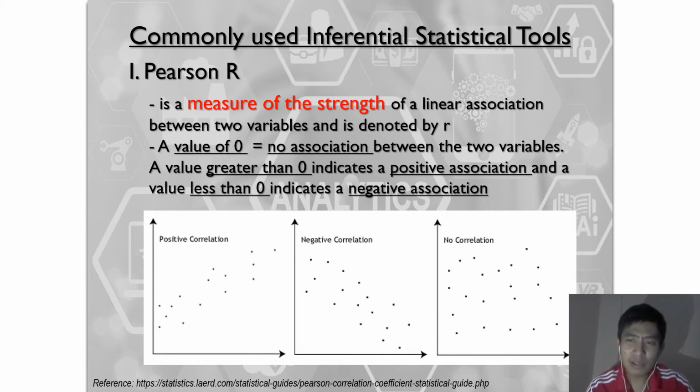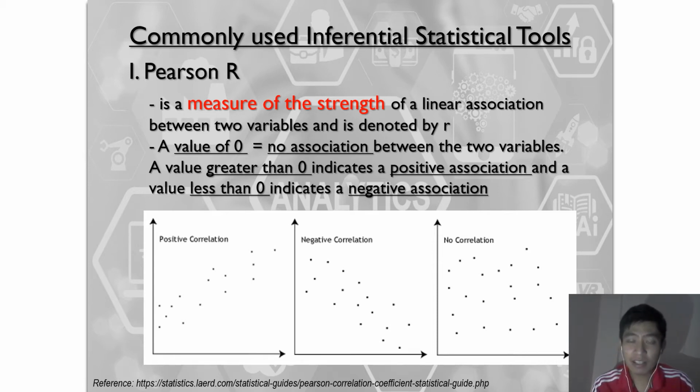Based on some of our researches, it's more on the relationship, more on the prediction. Such as if you do hand hygiene, with the increase in hand hygiene compliance, there will be increase or decrease in what?